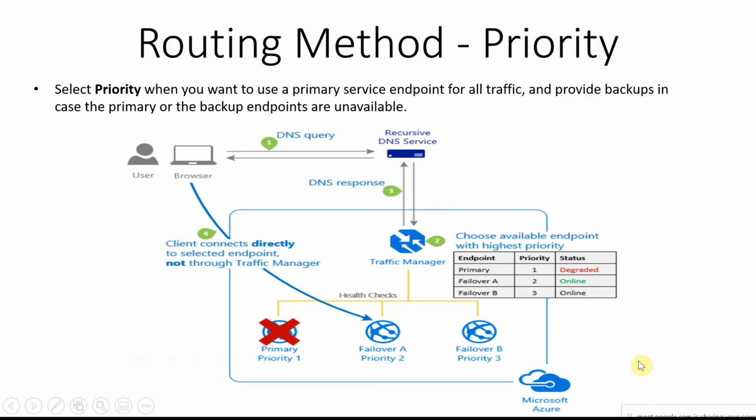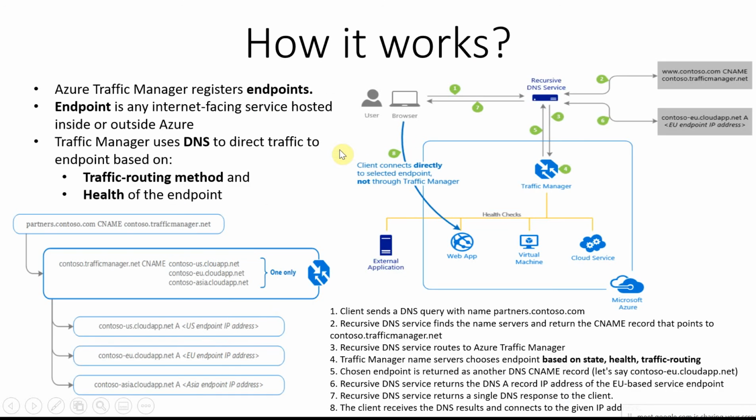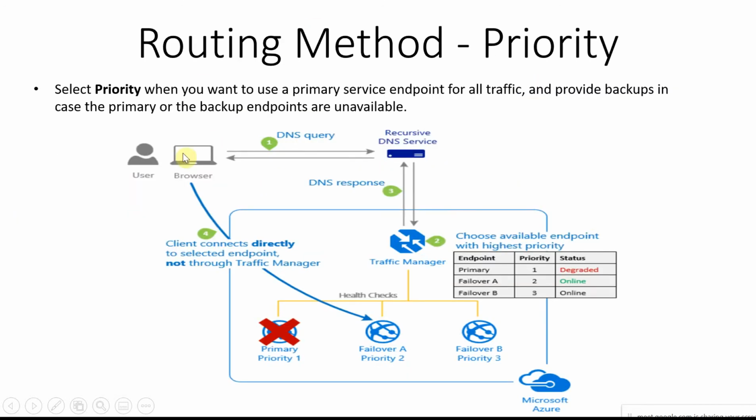Okay, now let's go to the routing methods. From an exam point of view, these routing methods are important. There could be questions where they give a scenario and ask what routing method needs to be applied in that scenario.